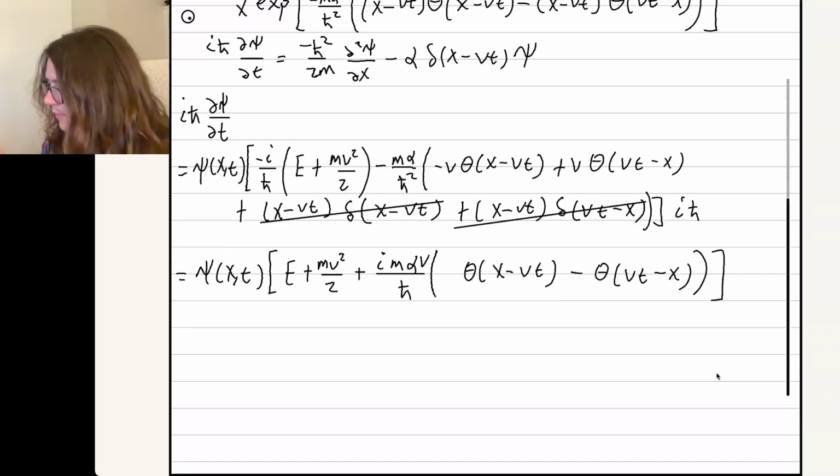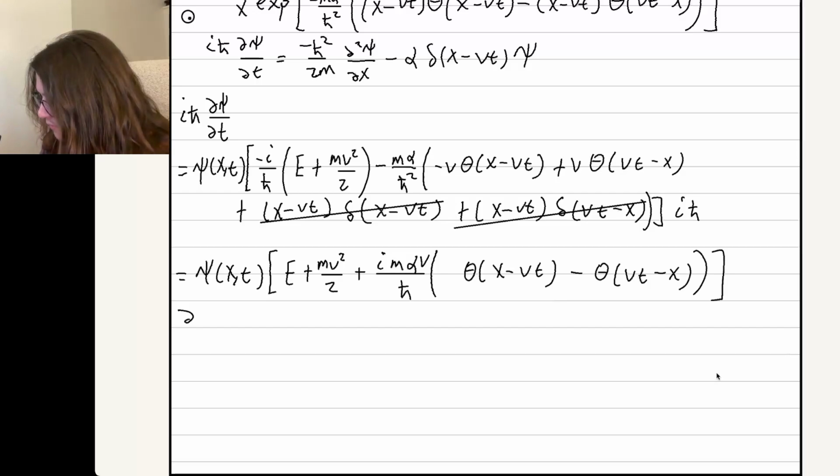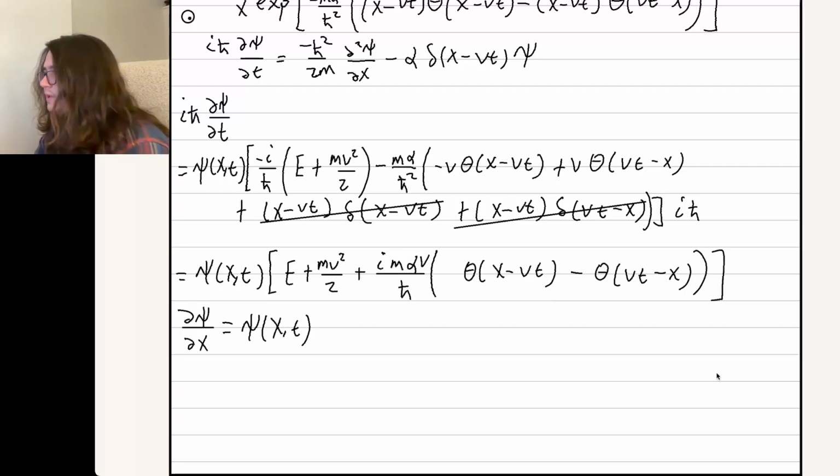So now we need to do the right-hand side. We need to start by doing the first derivative of the wave function. Again, you're going to end up with the normalization factor and also the exponent, so you get the wave function back out of it. But then you also have the derivative of the argument with respect to x, which is now minus m alpha over h bar squared.